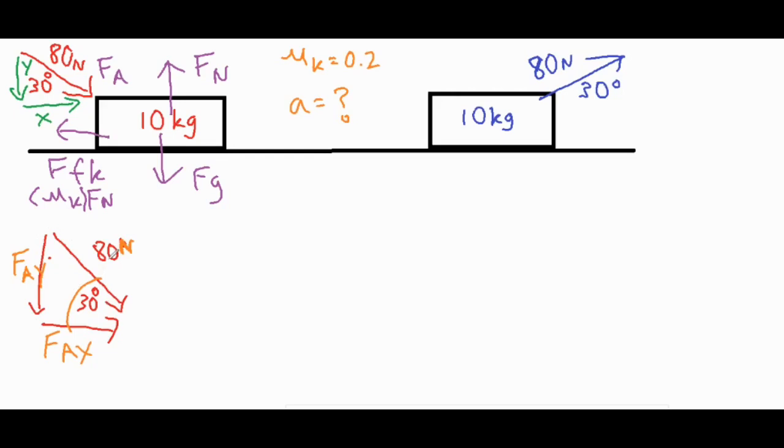So we have the sine of 30 degrees equals the opposite over 80. Multiply both sides by 80, and then 80 times sine of 30 is going to be 40 newtons.